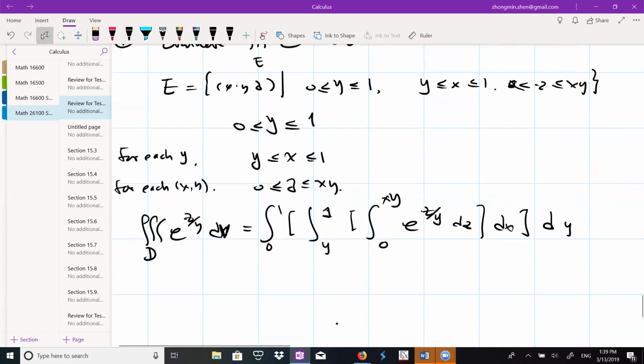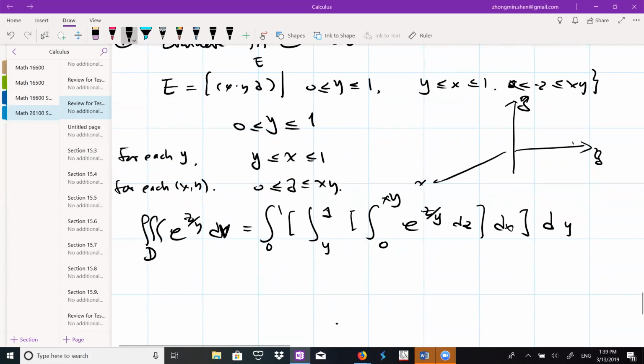Maybe you can switch it, but you have to use the domain D and this region E. If you're able to draw it, maybe you're able to switch the order. So how do you draw it? Here's x, this is y, that's z.